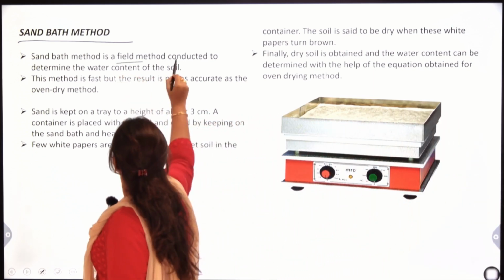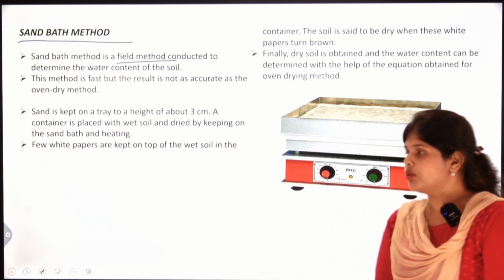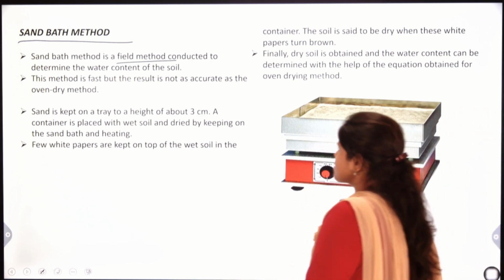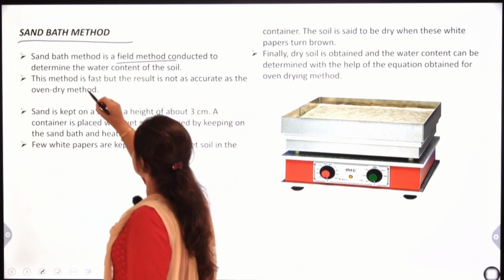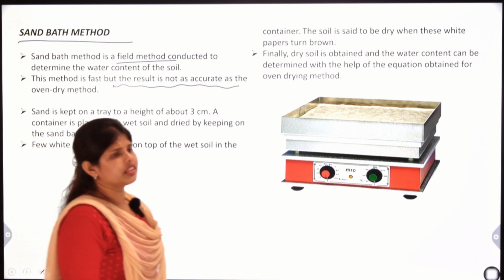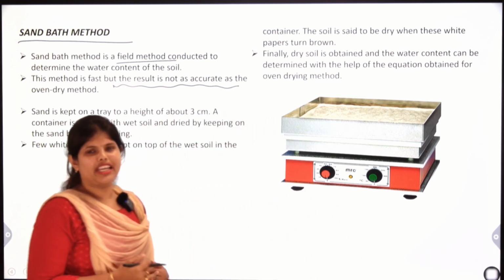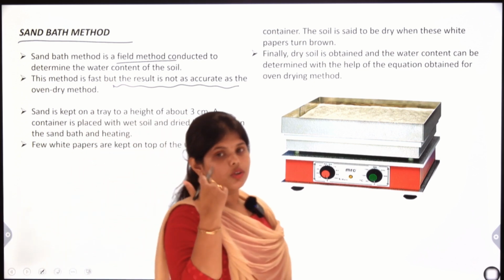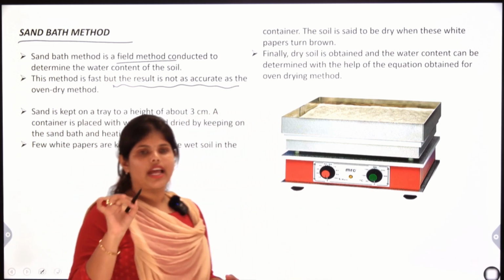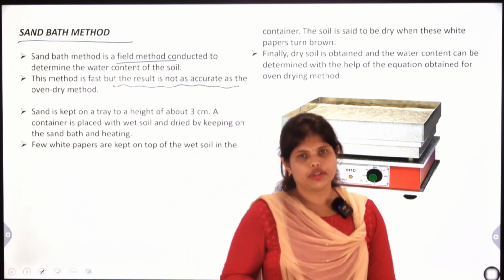The sand bath method is a field method conducted to determine our water content. This method is fast, but the result is not as accurate as the oven drying method. Okay, we can conduct this method rapidly, but the values are not as accurate as the oven drying method. The best or most accurate values we get from the oven drying method.